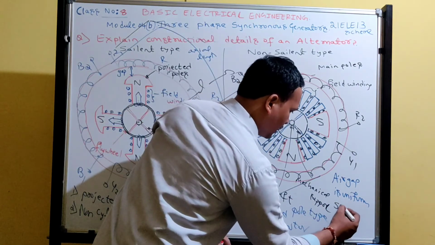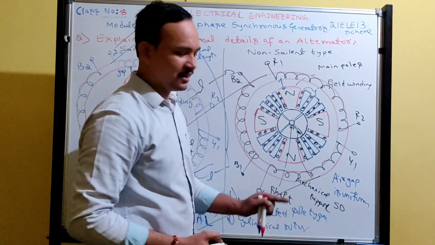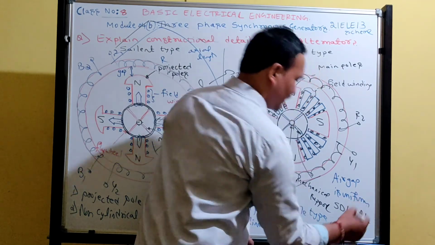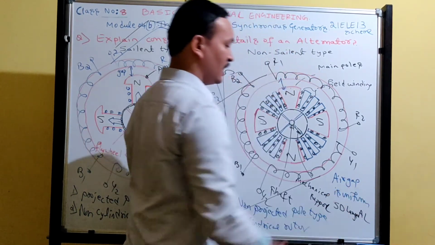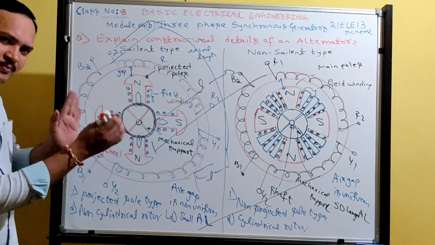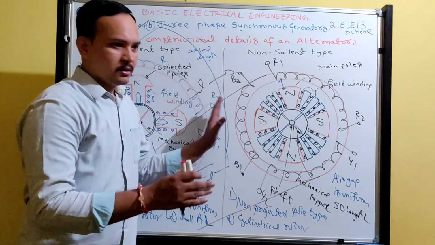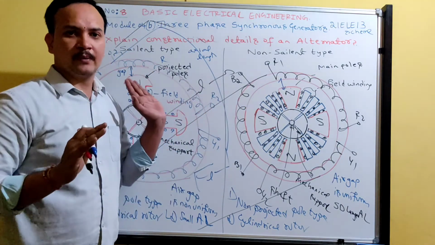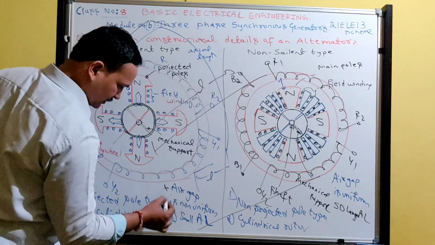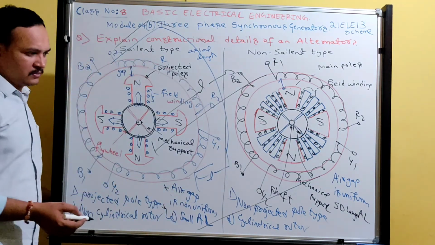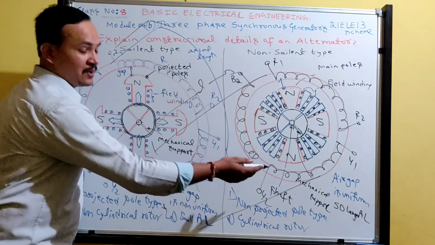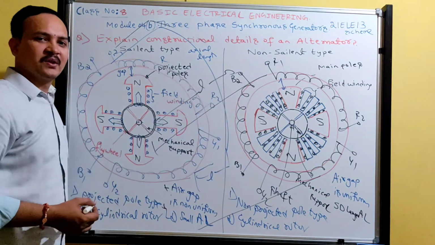You can write smaller diameter, SD, and larger axial length. Note down the difference: larger in diameter, small length; here, smaller diameter, large length. Very important point. These two points: air gap non-uniform and uniform on that side; larger diameter, small length; smaller diameter, larger length.